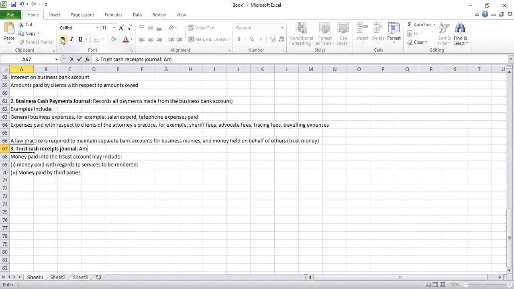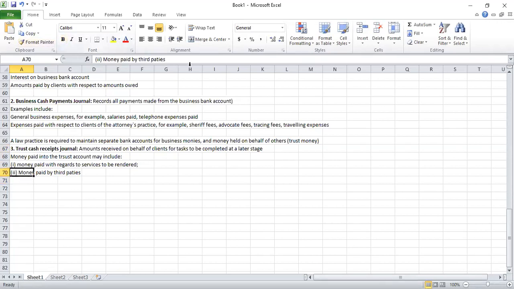Amounts received on behalf of clients for tasks to be completed at a later stage. So you'd find that the general nature of trust monies means the job has not yet been done. Otherwise, some of it will become ours at a later stage. But for now, before we do the job, that money should be in the trust account. Then when we have done the job, we can transfer it to our business account. So these monies will be in the trust account.